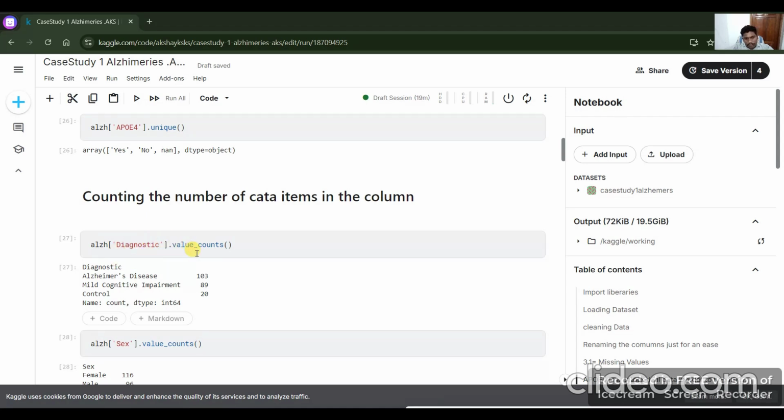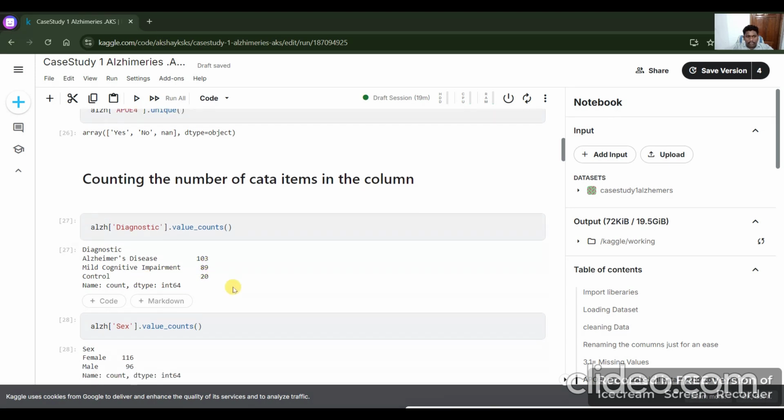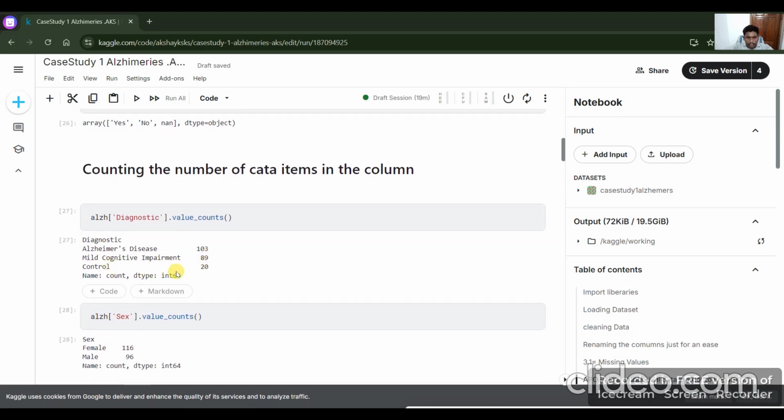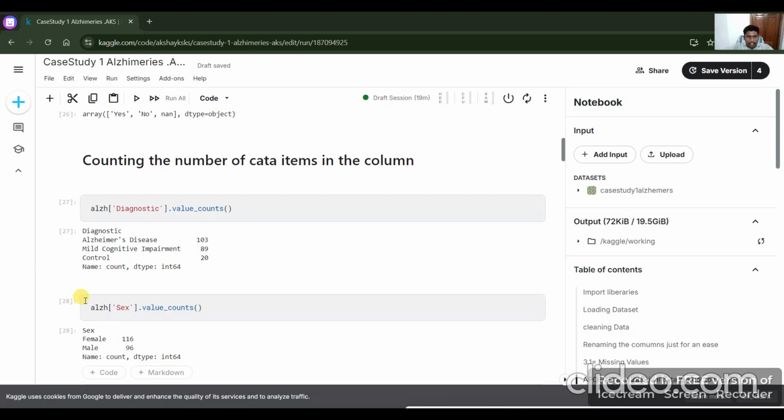Diagnostics value count: Alzheimer's disease 103, mild cognitive impairment 89, control 20, data type int64.